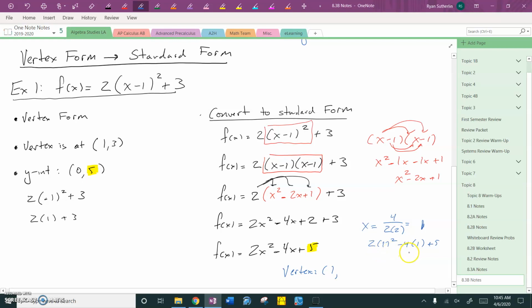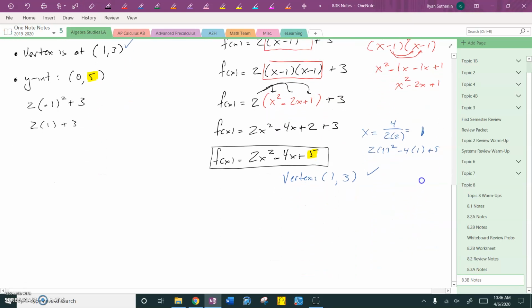So 2 minus 4 is negative 2, plus 5 is 3. Look, that's the exact same thing we had there. So both of these equations, if I were to graph them, would give the exact same parabola, the exact same graph. One is in vertex form, but we can always convert vertex form to standard form.